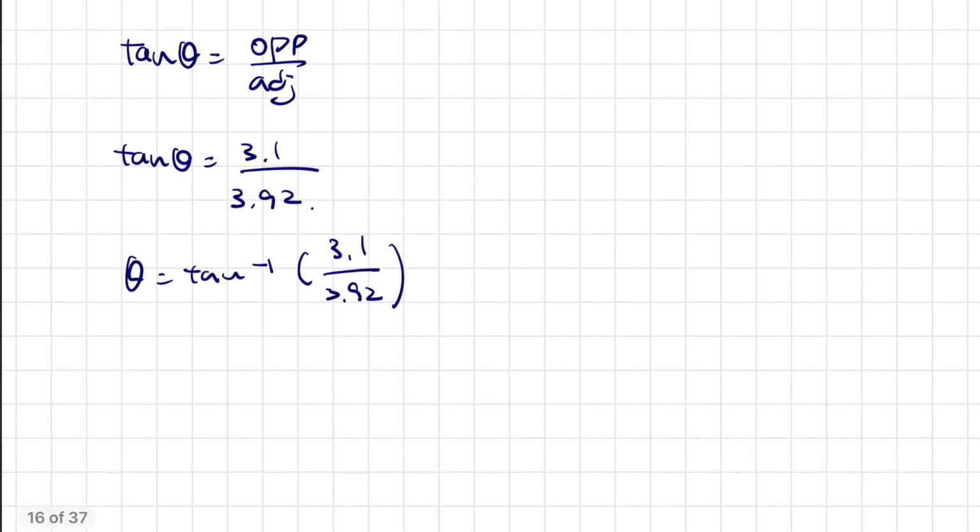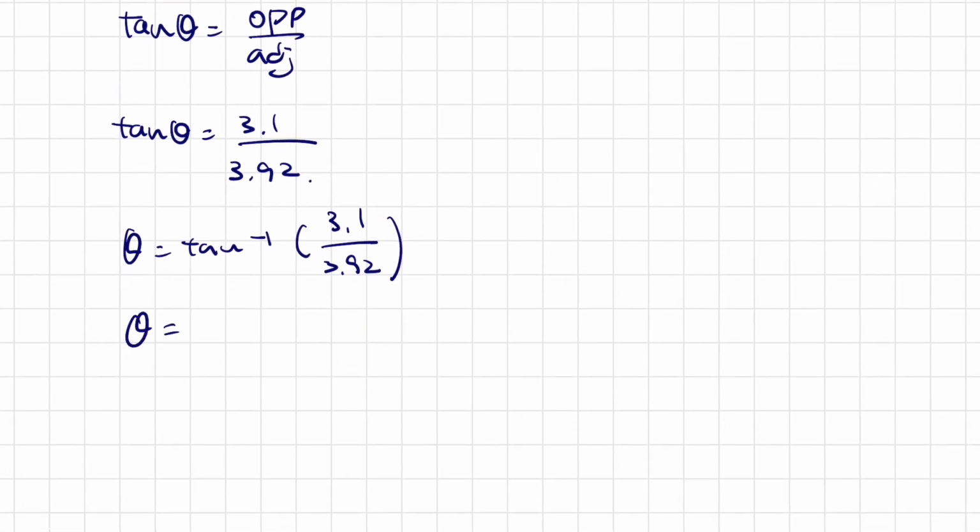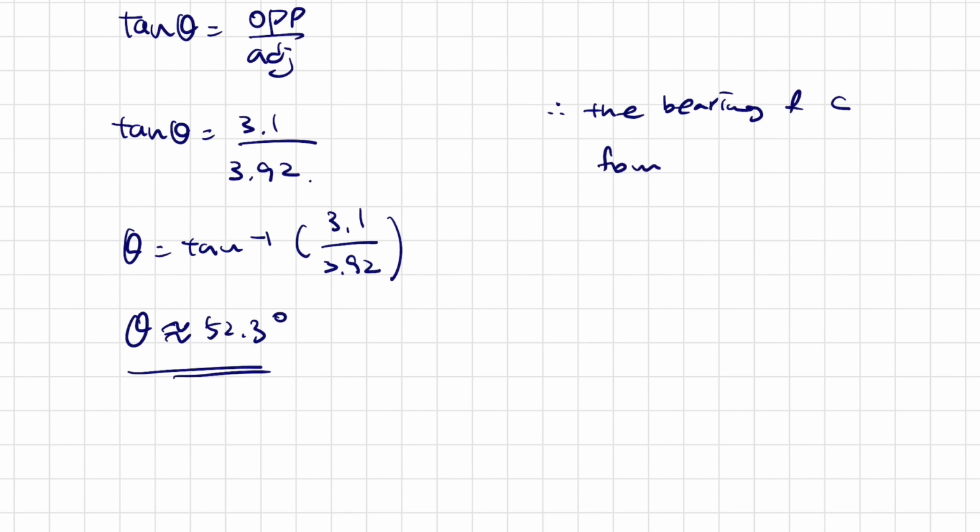The angle is about 52.3 degrees. Then we can say the bearing of C from point A is 136 degrees plus 52.3 degrees, so it is 188 degrees.